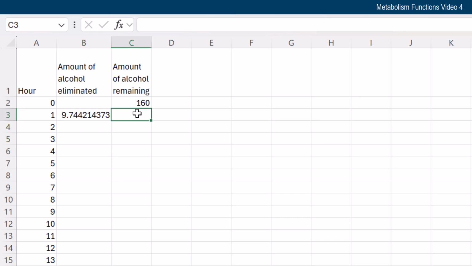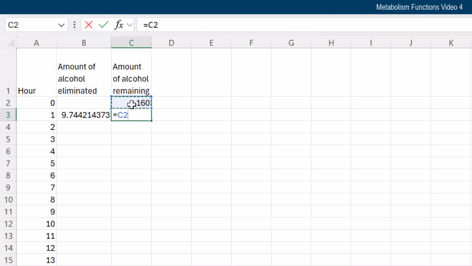All right, and then for this cell, for the amount of alcohol remaining, we're going to do just like we did in our tables, where we're going to take the amount and subtract the amount that was eliminated. So it's going to look like this, equals, and typically we would have done 160 minus the amount of alcohol eliminated, but we want to take the previous amount.